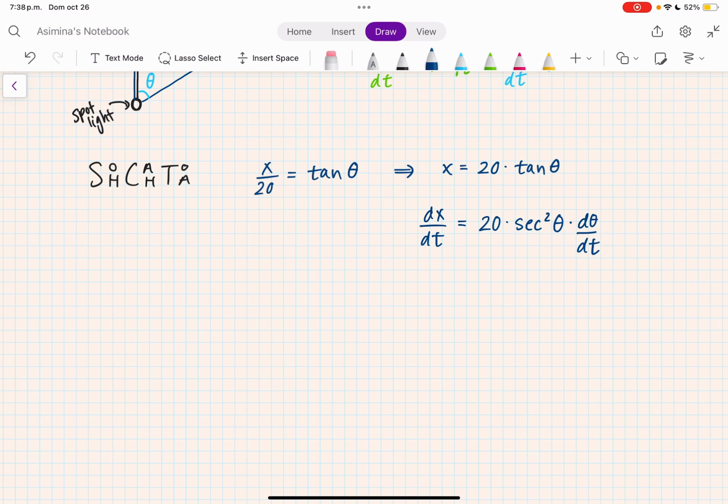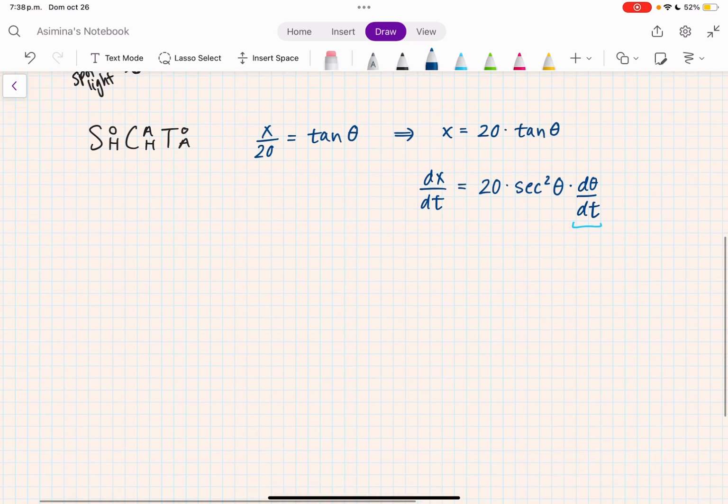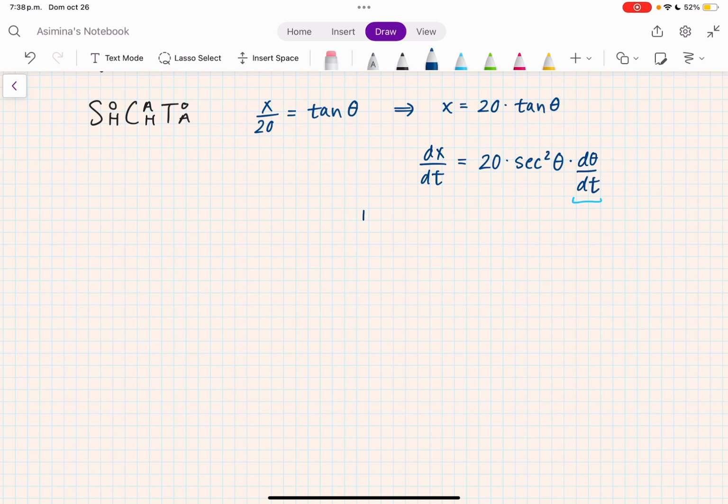Okay, and so remember, we want to solve for dθ/dt when x equals 15. So first, let's isolate that. I'm going to divide both sides by 20 secant squared. So we get 1 over 20 secant squared theta times dx/dt equals dθ/dt.